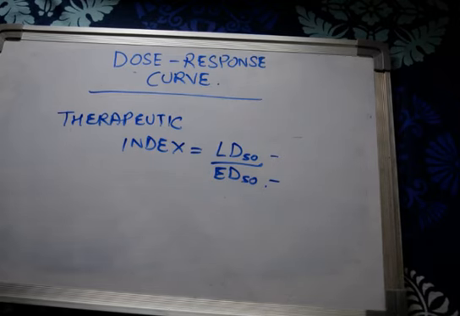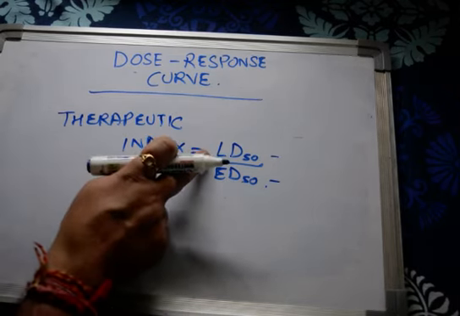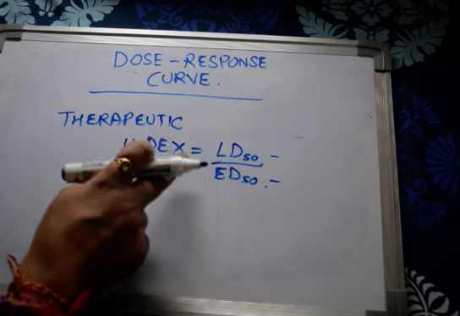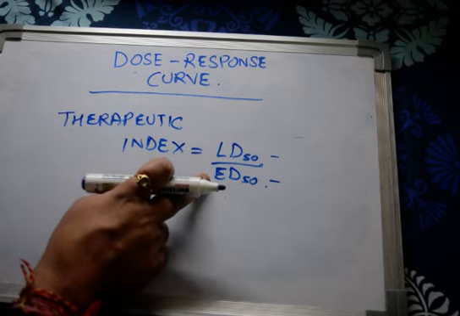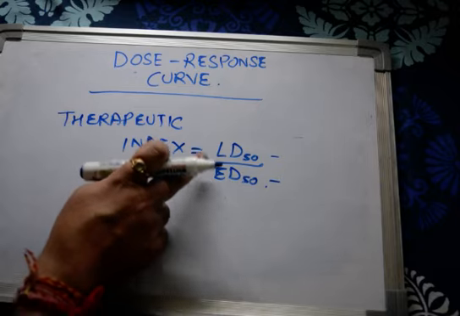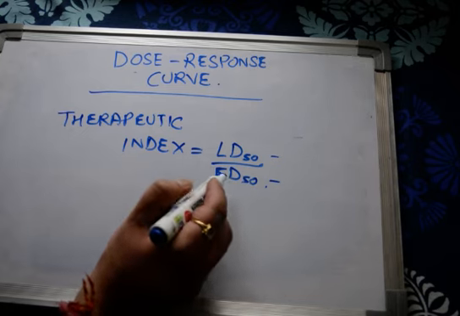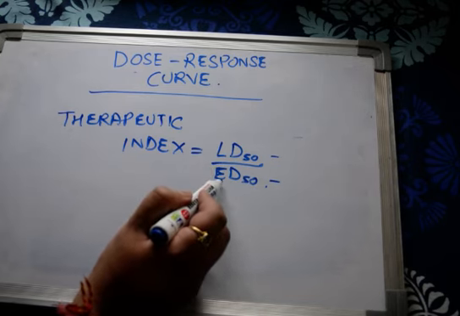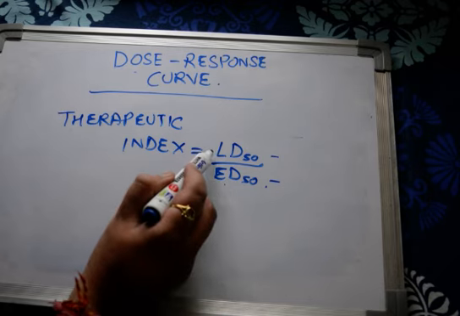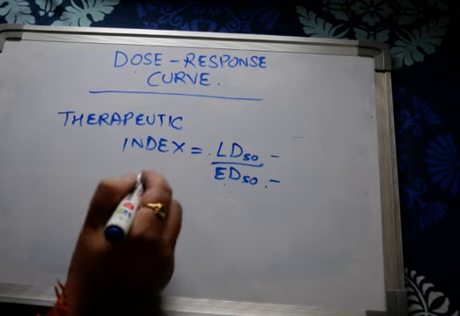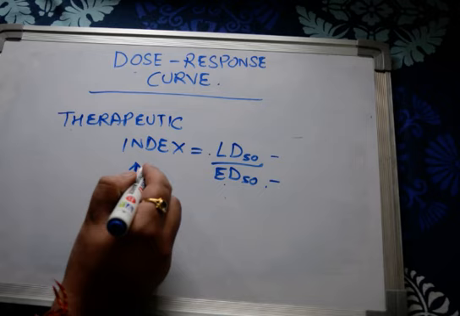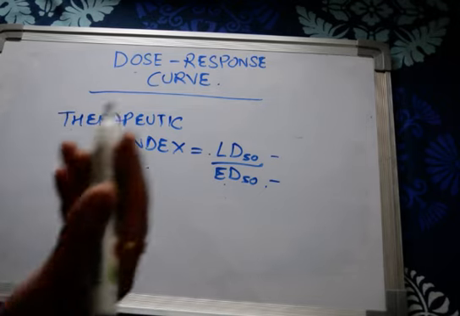Now you can see, if the lethal dose is more and effective dose is less, what will happen? You will have a higher therapeutic index, since the ED50 is in the denominator. If the ED is less and the LD is more, the therapeutic index goes higher. And the higher this therapeutic index, the safer is the drug.